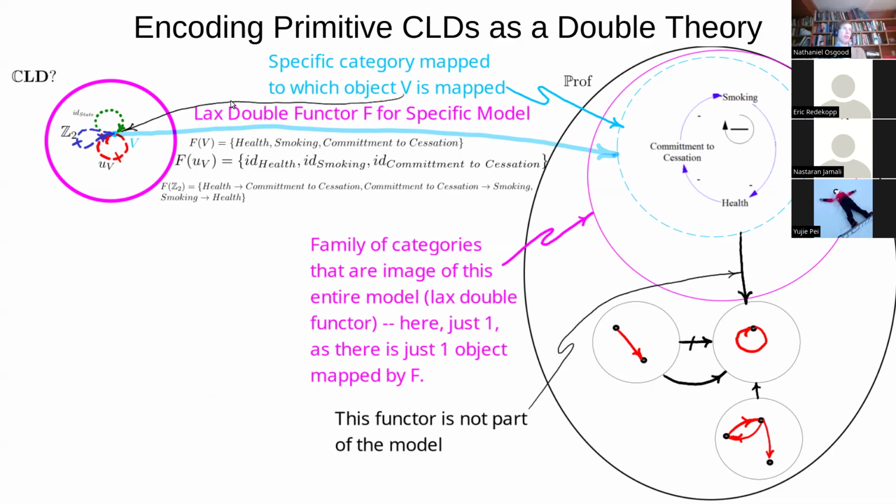So it is true that at a certain level this lax double functor maps this object to a category, but it's also true that, if you think about it at a much more detail-oriented, very low level, it maps V to a set.